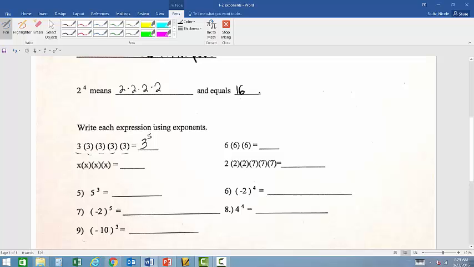We just simply tell what the number is and how many times we see it. So if I look at 6 times 6 times 6, the number I'm using is 6, and I see it 3 times. In the next one, our base is x, and it appears 1, 2, 3, 4, 4 times.